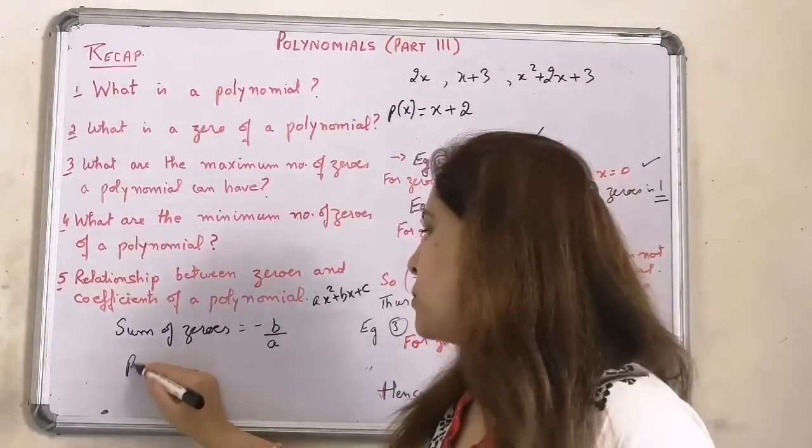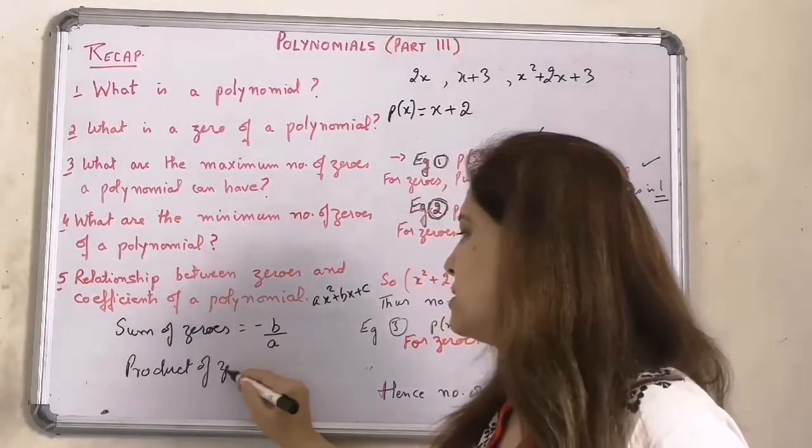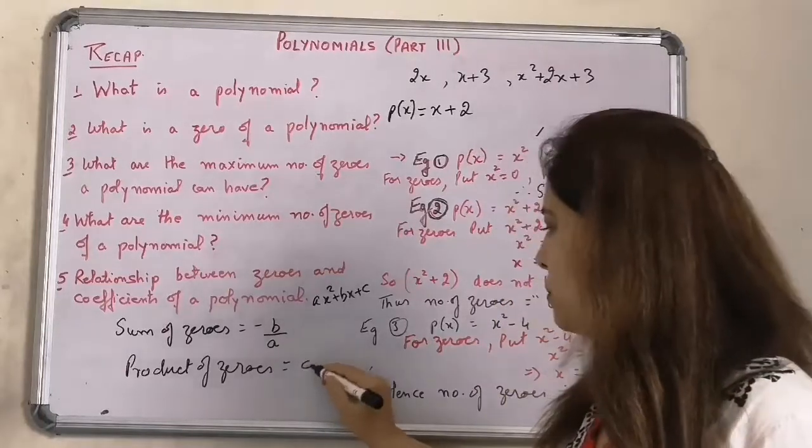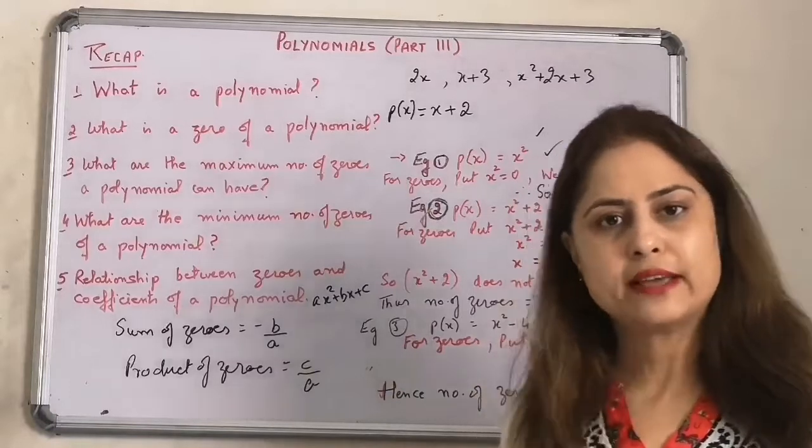Then we get the product of zeros is equal to c upon a, where c was the constant term and a was the coefficient of x square.